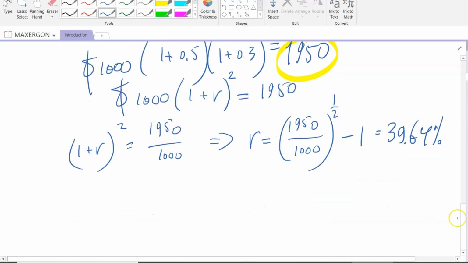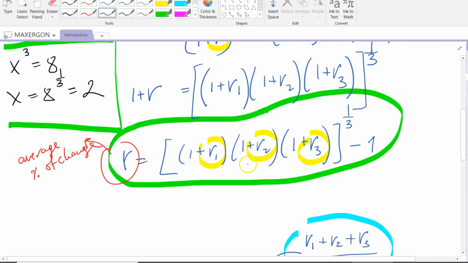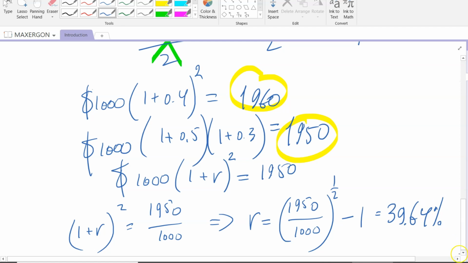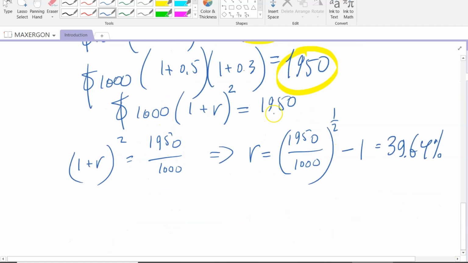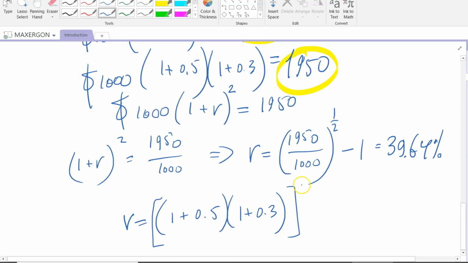If we use our formula that we obtained earlier, we could also solve this problem without invoking initial value and final value. So we could use that formula, which is 1 plus 0.5, 1 plus 0.3, to the power 1 over 2 minus 1, which is going to have the same answer, 39.64%.